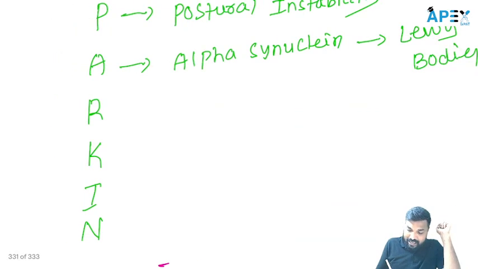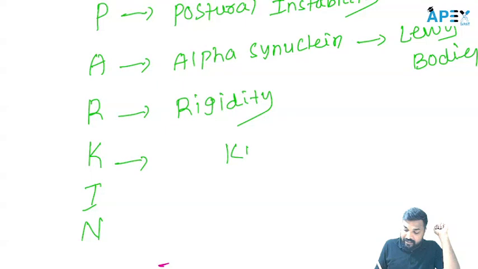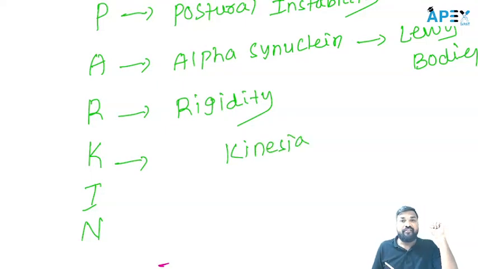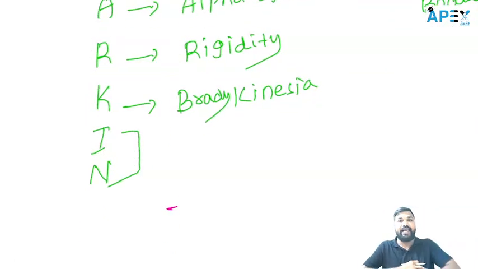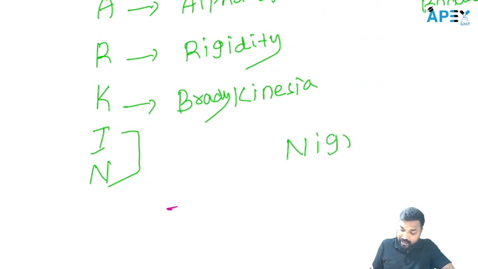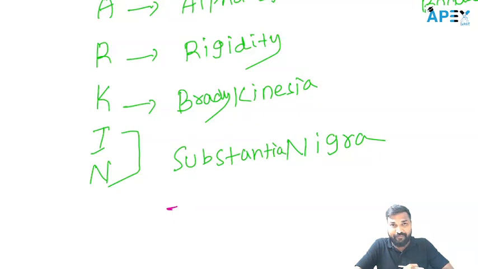R is rigidity, another symptom. K is kinesia, that is bradykinesia. And the last one, IN, you read like NI, that is the nigra. Parkinson's affects which region of the brain?